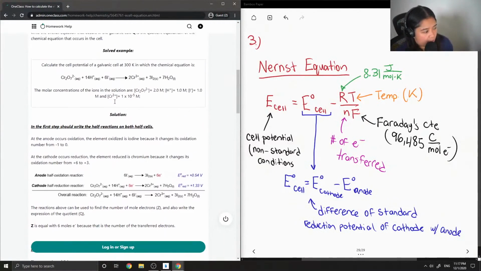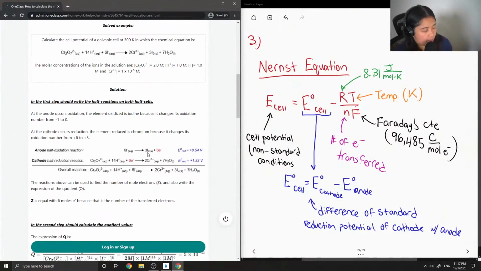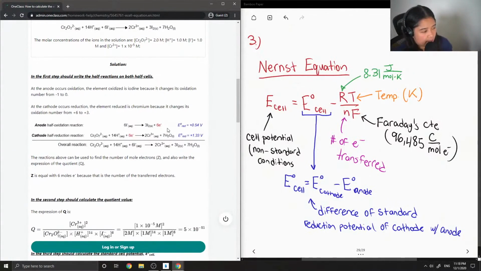So notice that they write the two half reactions from the main chemical equation. They just took out the iodide, which is what got oxidized, and then this produced the 3 molecules of I2. And then the reason they put 6 electrons on the right side is to balance out the charges.